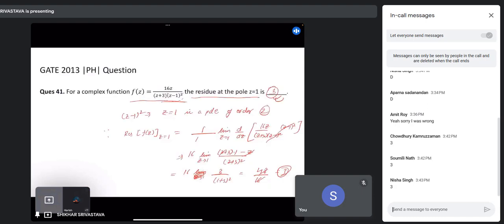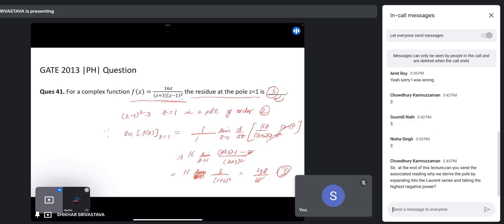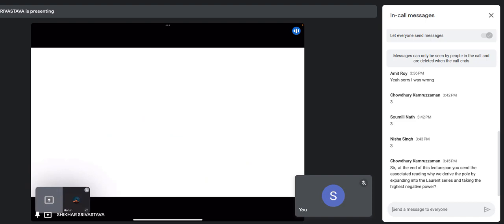Okay, so there is one other kind of function. For example, this has never come in GATE, but suppose you have been asked to find poles of a function which has this form.